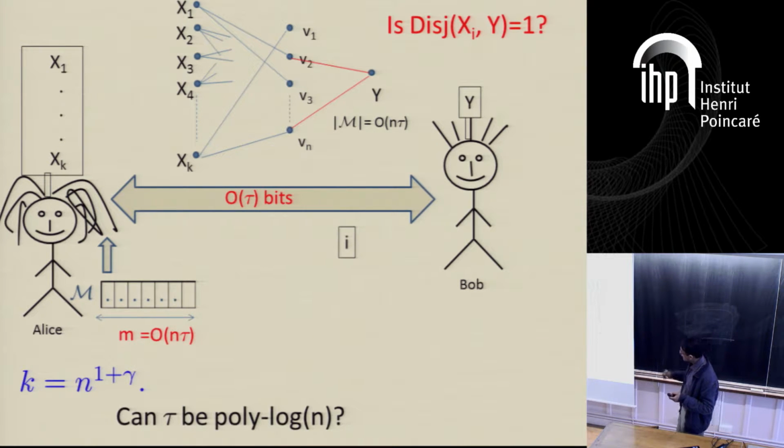So all in all, if tau is polylog of n, then we have established that by just giving very few bits of advice, like order n tau, which is far smaller than k, by our assumption on tau, Charlie has suddenly brought down the hardness of a difficult problem like set disjointness from n to polylog of n. Okay? So that's the connection.